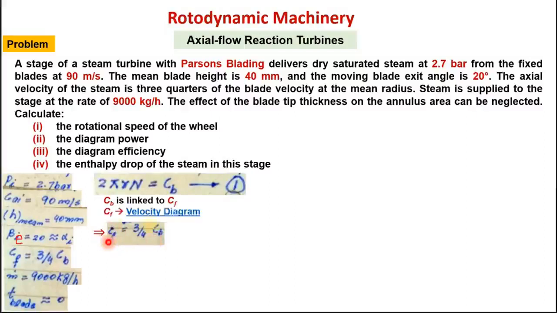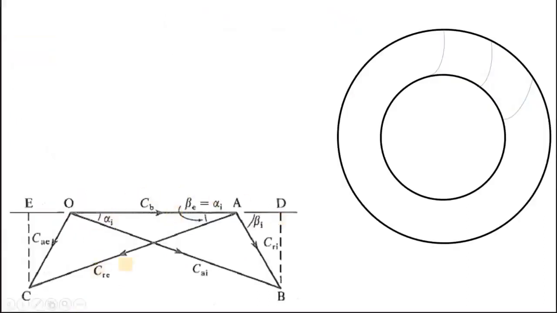Now, what is CF? Flow velocity, and we know from velocity diagram that CF is equal to CAI sine alpha I. If we see the velocity triangle, so here is the velocity triangle, and from this triangle we know this dB represents flow velocity, and that is equal to CAI sine alpha I, right?